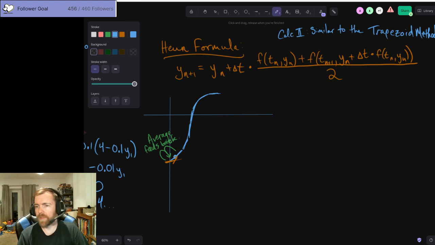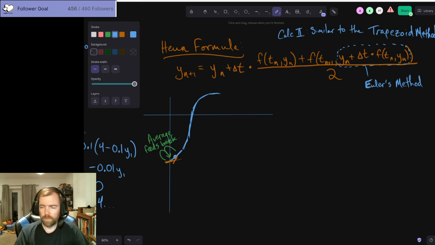Yeah, okay. So, again, this last bit here, as Zach said, is Euler's method embedded within this other part of the Heun formula. So basically, you're making an intermediate value based on Euler's method.